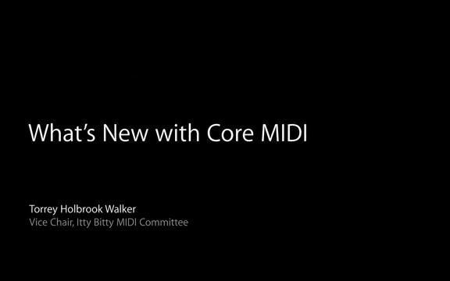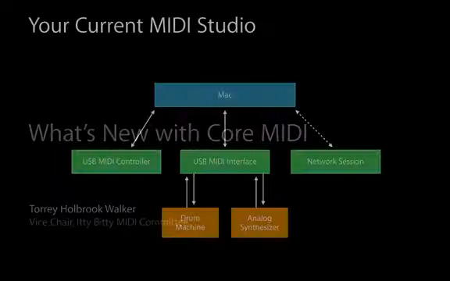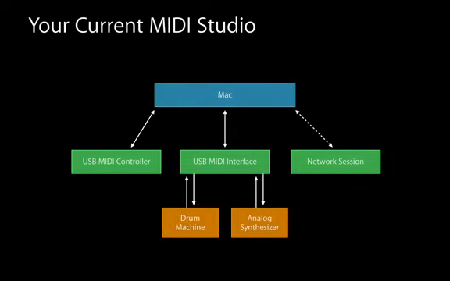If you have a studio, a music studio that you use to make music, it may look something like this. So maybe there's a Mac in the center of it, or an iOS device that are also very capable to be the center of your studio. And connected to it may be several USB MIDI devices, controllers, breakout boxes that are connected via 5-pin DIN to legacy equipment, musical instruments.